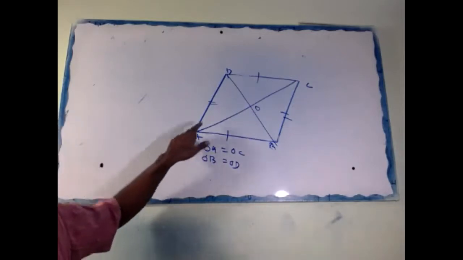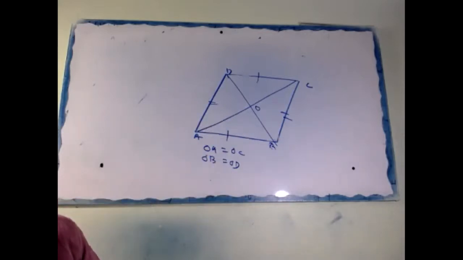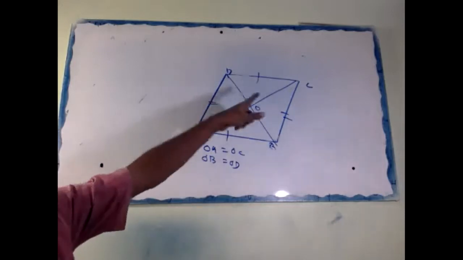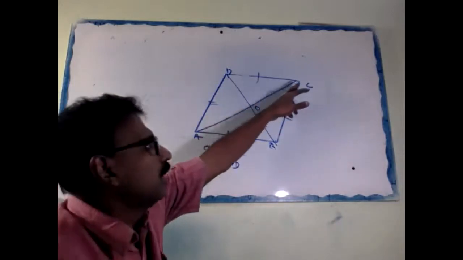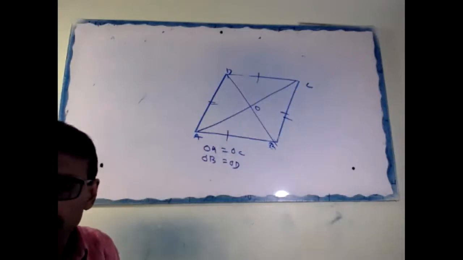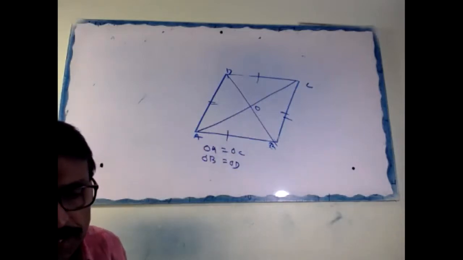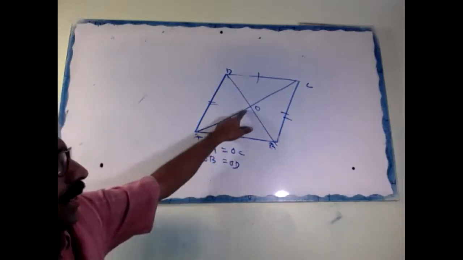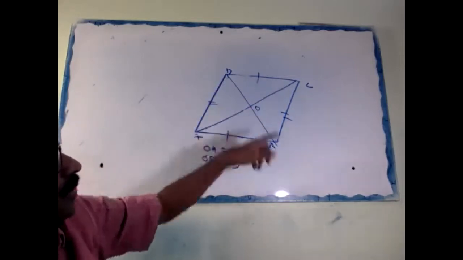If you consider AC as a diagonal, then triangle ADC is congruent to triangle CBA. Last one, diagonals bisect each other. That means OA equal to OC, OB equal to OD.